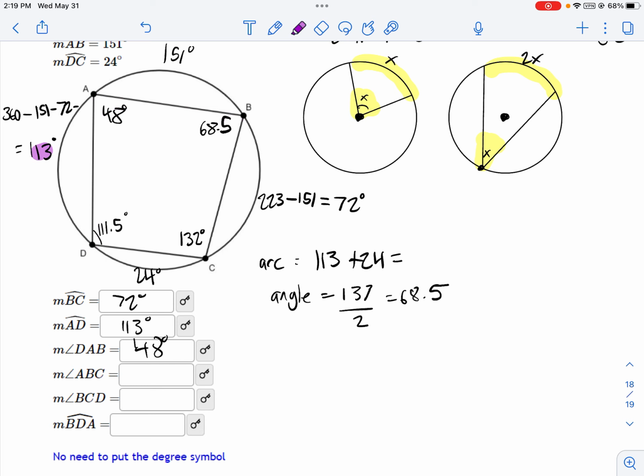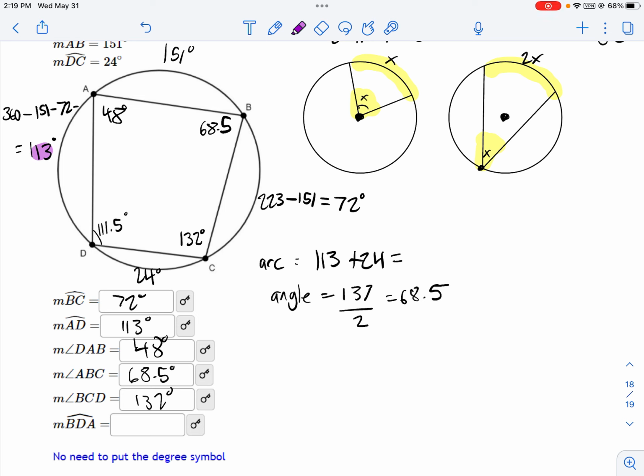Okay, as we keep it running, we have ABC, this angle right there, 68.5 degrees. Okay, keep running down that line, we have BCD right there, 132 degrees. We already found that.